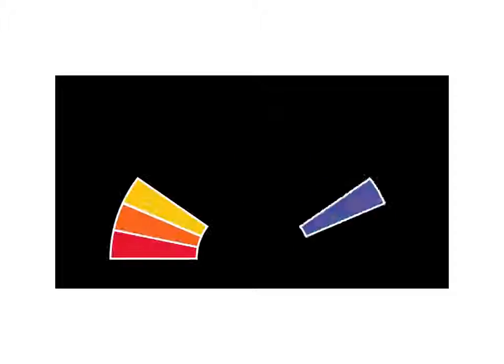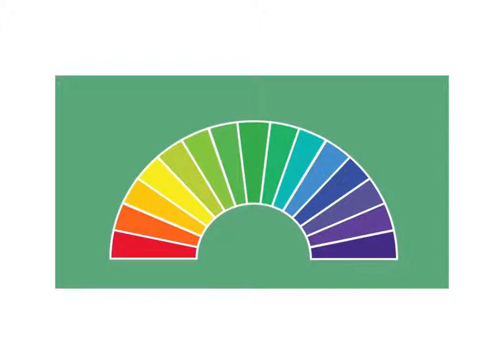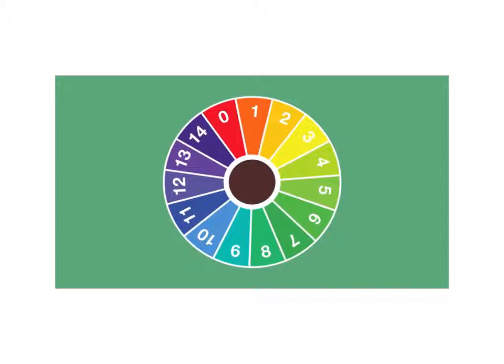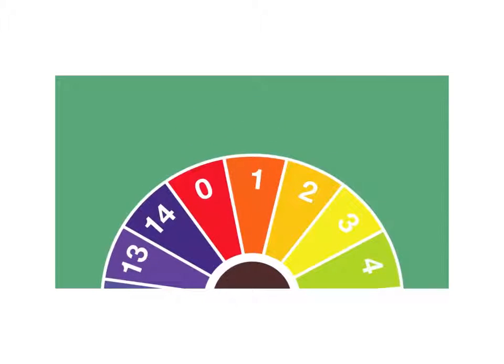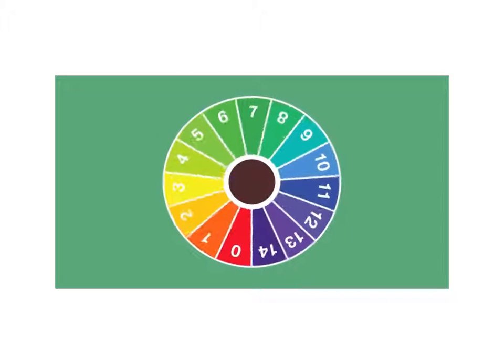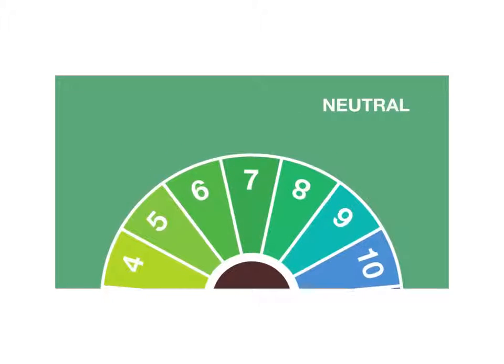If you look at the color changes of universal indicator according to the pH of a solution, you will find that it resembles a rainbow. If universal indicator solution turns deep red in a solution, it means that the solution is strongly acidic, with a pH of 1 to 2. If the universal indicator solution turns green, it means that the solution is neutral, with a pH of 7.